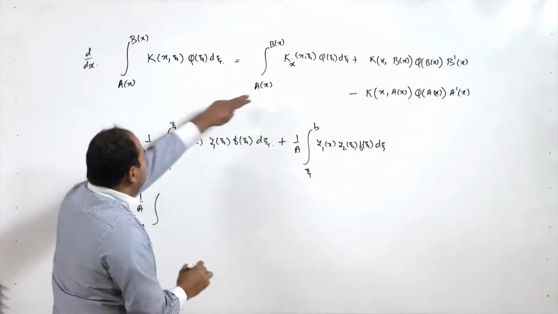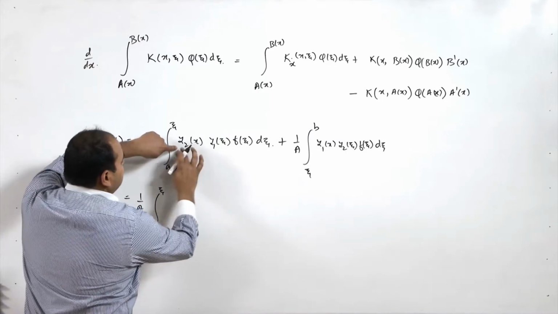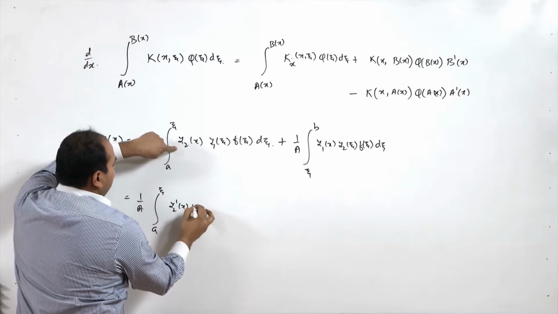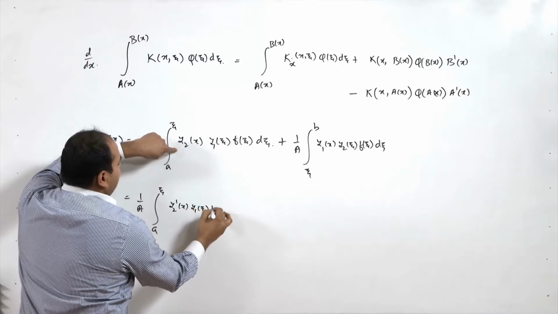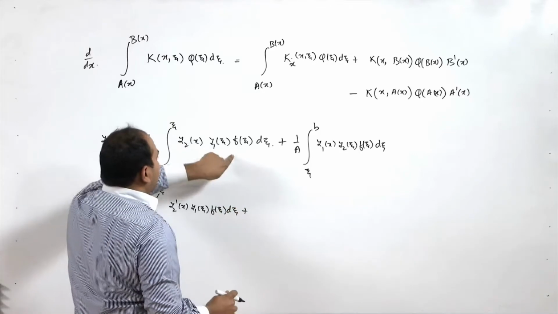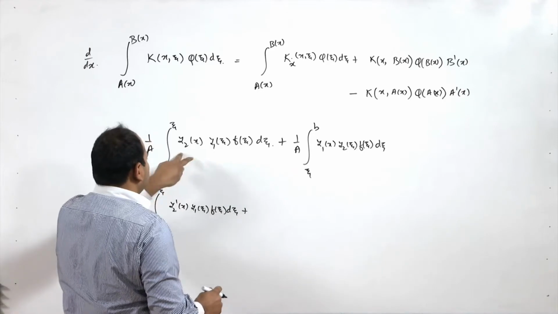Now if you look at this term, between a to x, since we have only this term for x, we simply write y2 dash x y1(xi) f(xi) d xi, plus, there is no other term for x, so we have differentiated only this y2(x).